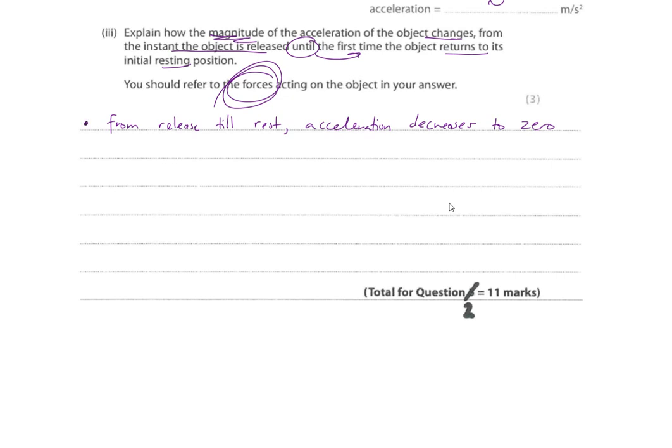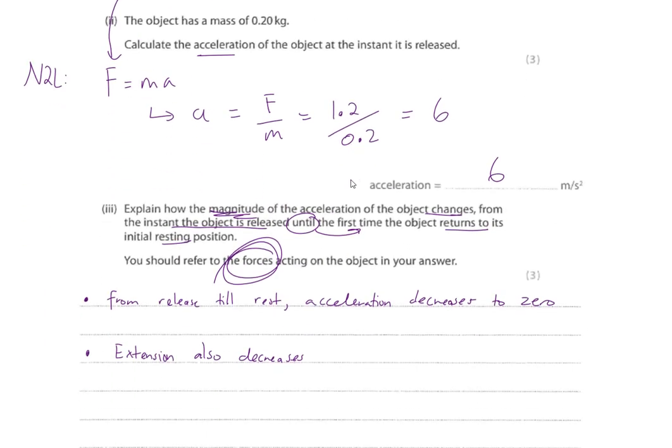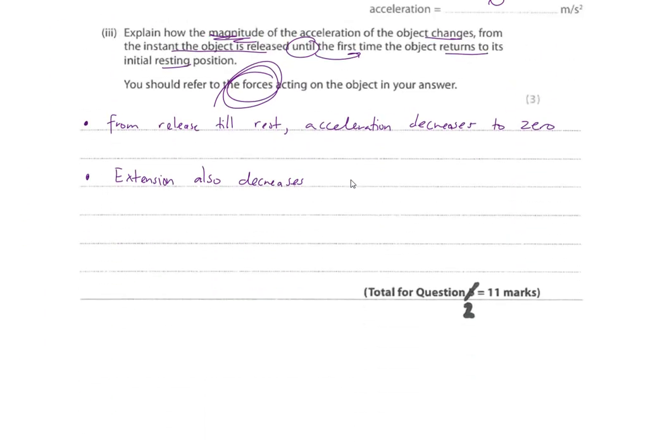Now the second point is that the extension also decreases. Because if you use logic, that's what's happening. Look, it was extended, you release it, the extension gets shorter and shorter until it goes back to its original place. Now, if the acceleration is decreasing, what can we say?